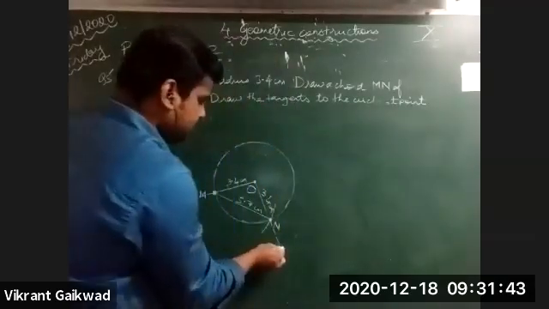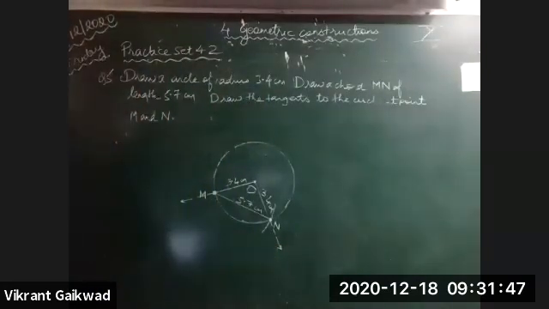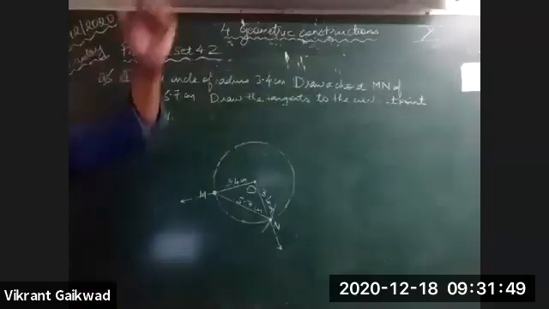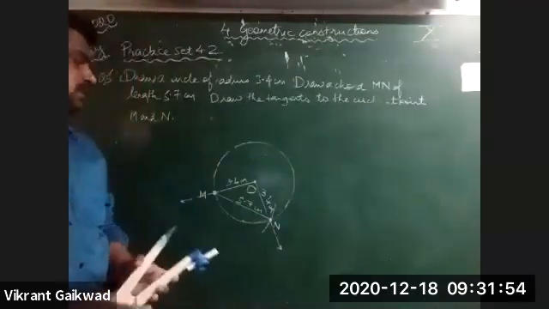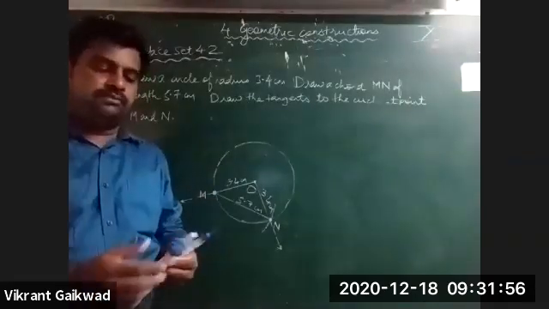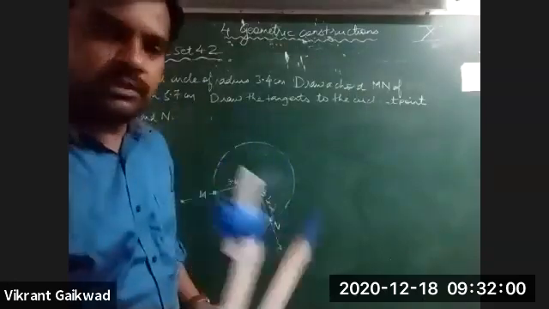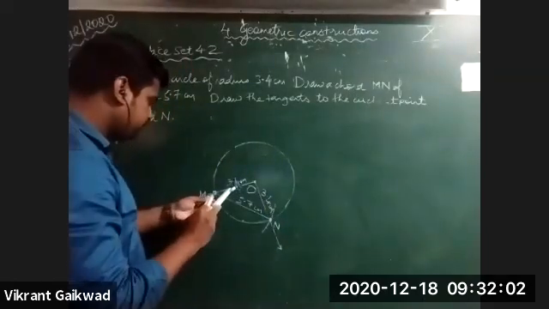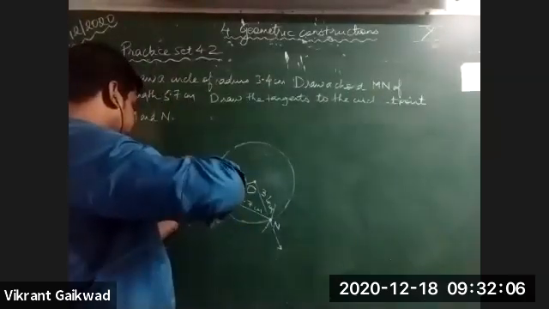Now, after extending the radius, you're going to draw the perpendiculars at the respective points. For example, you have to draw a perpendicular from point M. So I'm going to take a small distance on my rounder from point M, above, and here on the opposite ends.